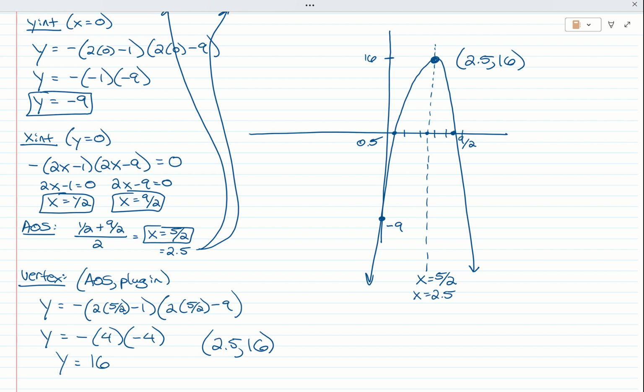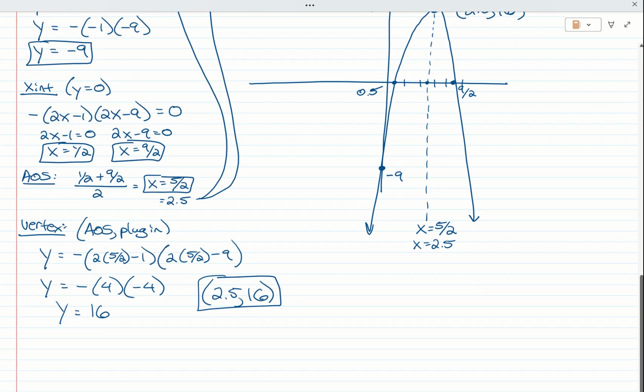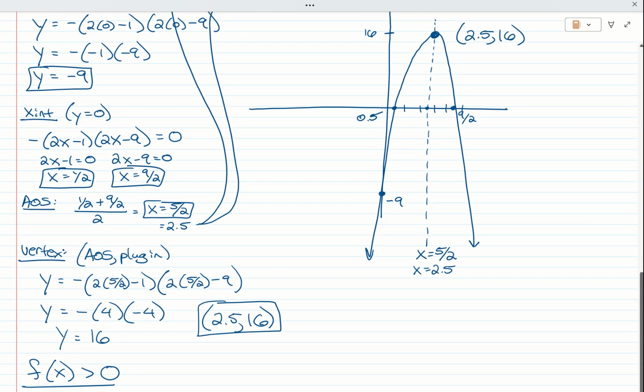All right, that's great. So now let's go ahead and answer some of the other questions that we just got done talking about. One of those questions was, where is f of x greater than 0? Okay, this is asking you where are the y values greater than 0, and that happens above the x-axis.